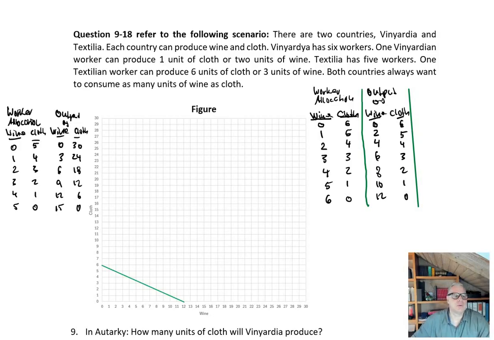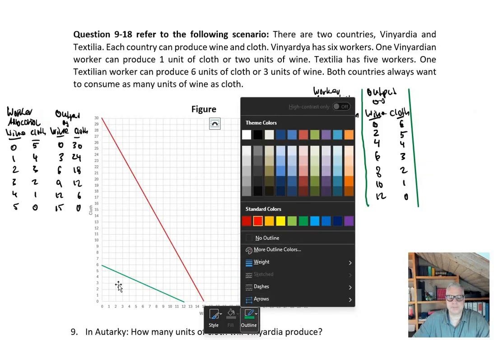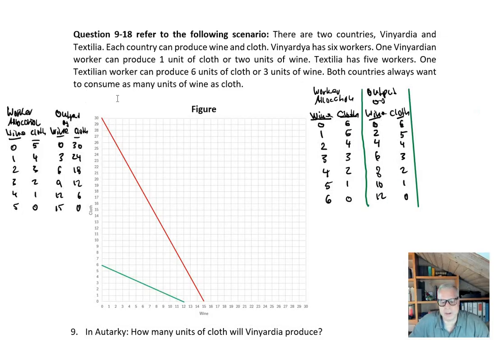Okay, so let's draw that one and let's make that maybe red. So that goes from 30 cloth to 15 wine here. Okay, and again we make that red. Okay, red is Textilia and green is Vinyadia.